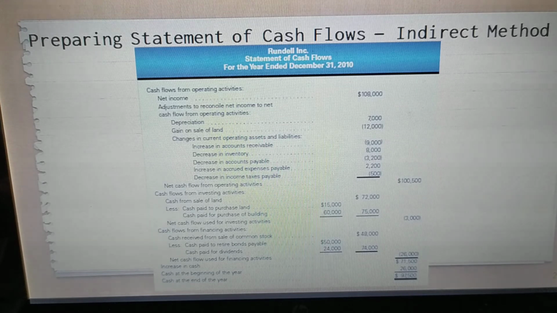That is the 2010 cash. If after you submit you didn't get this number, it means you are wrong. The ending cash must be the cash for the latest year, in this case 2010. So that's how we make the statement of cash flow with the indirect method.